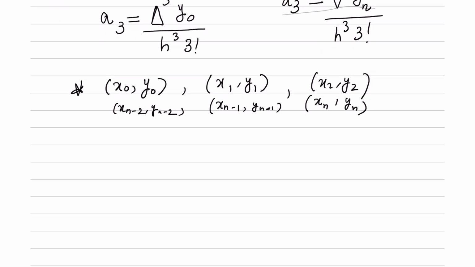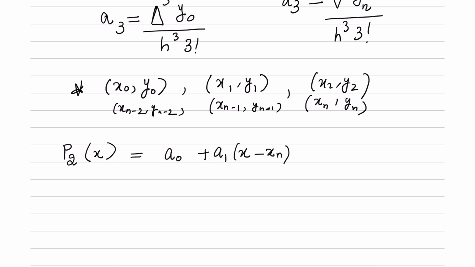So the maximum degree of the polynomial will be 2, p2 of x, and we are writing Newton's polynomial for the backward difference operator. First we just write Newton's polynomial: a naught plus a1 times x minus, since this is a backward Newton polynomial, instead of writing the starting x, we will write the last x, which is xn.